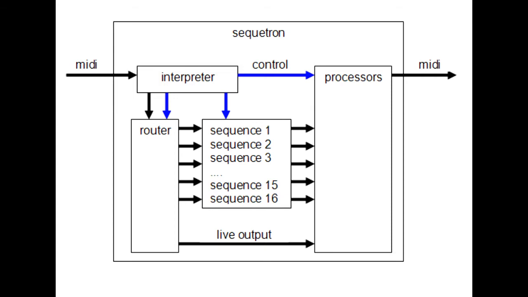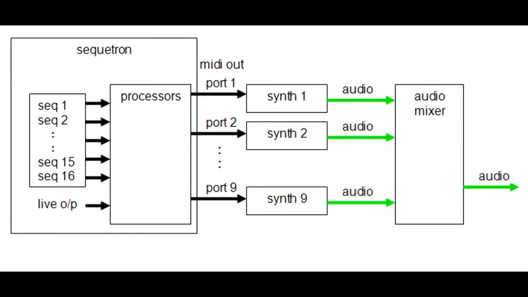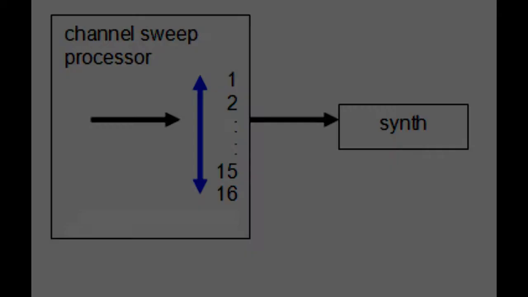Now this through mode is called the live output, as it responds directly to your live playing. And because it's processed just like recorded sequences, you can create interesting live effects independently of recording or looping. Now the processing functions range from the usual MIDI attributes, the port number, which defines the destination synth, the MIDI channel number, the program or patch number, to the more harmonic ones, such as pitch shifts, force to scale and force to chord, and even sweeps and sweep tables for automating changes every cycle.